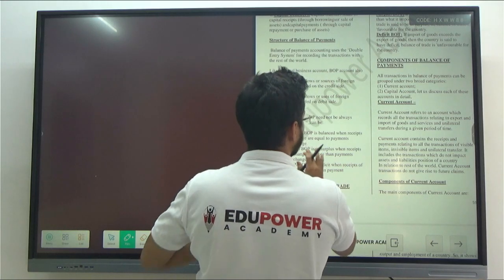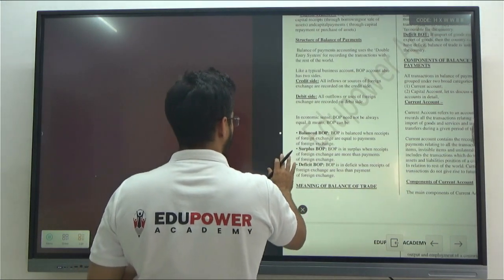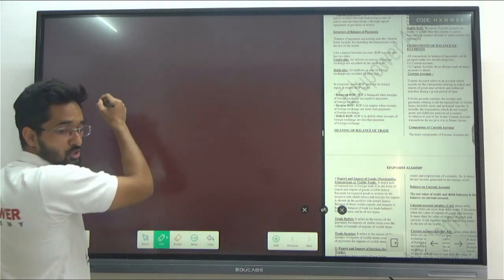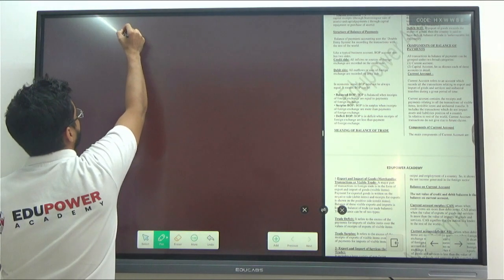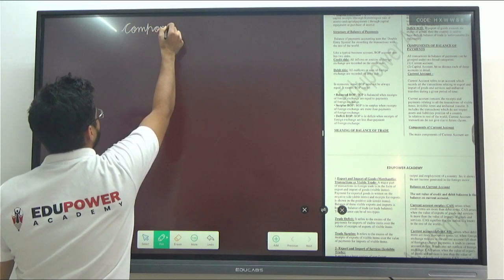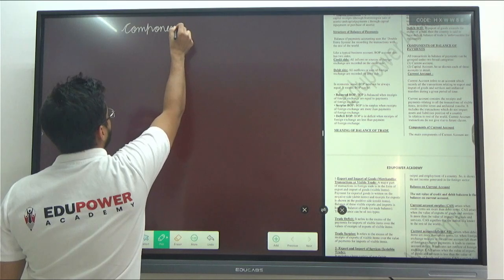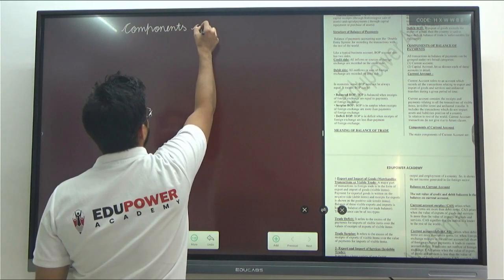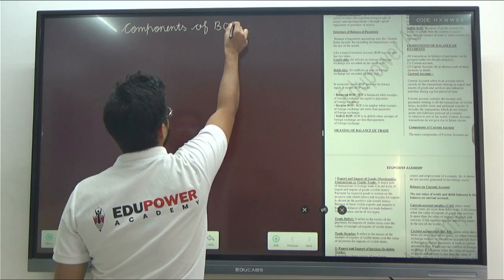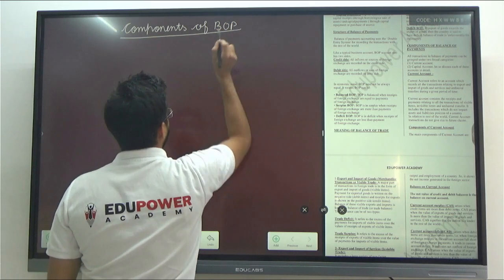Now we will be discussing the components of balance of payment. The most important topic, this is frequently asked in the CUET exam, components of balance of payment. What is BOP? BOP is nothing but the balance of payment.